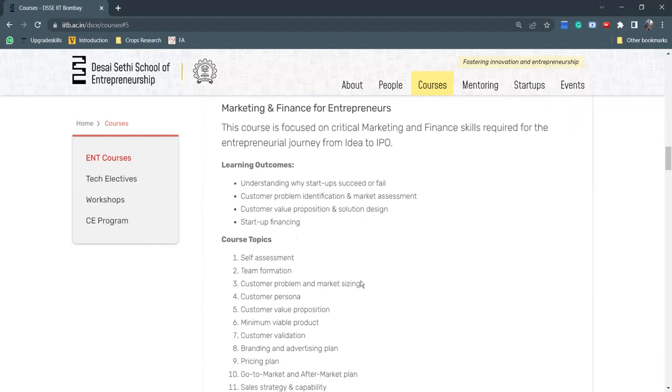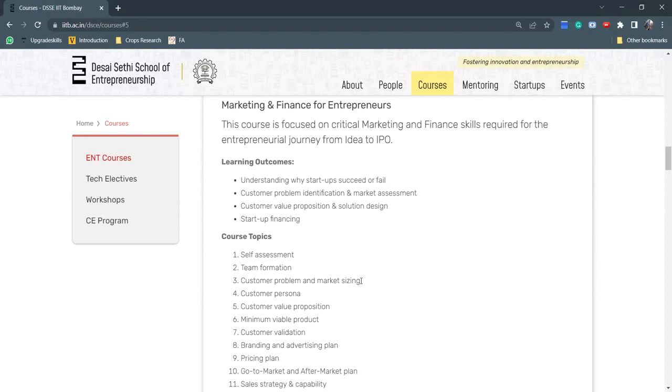Now next is marketing and finance for entrepreneurs. In this course, you will see mostly marketing and finance in depth, like how to build a journey from financing, from bootstrapping to raising up to angel investors or going for a venture capitalist and all those things, then how to market it.